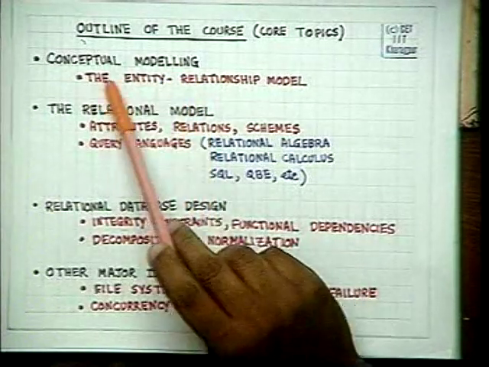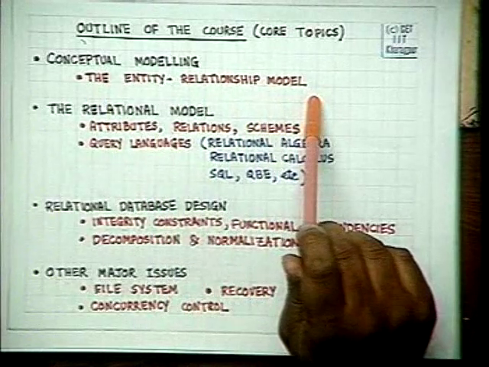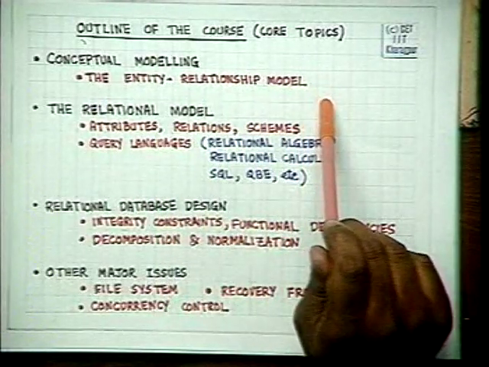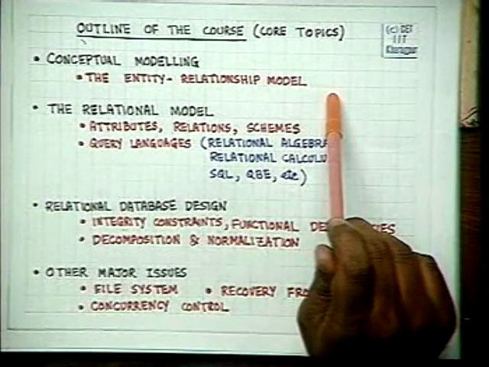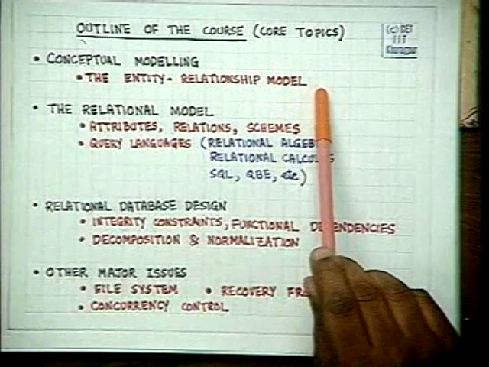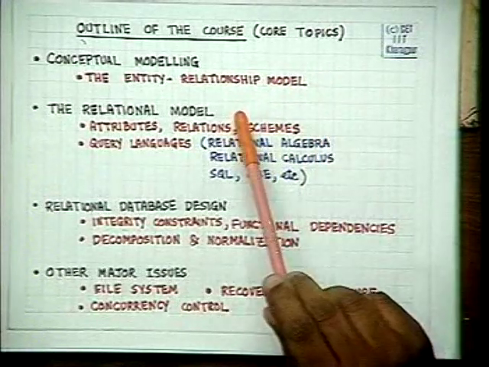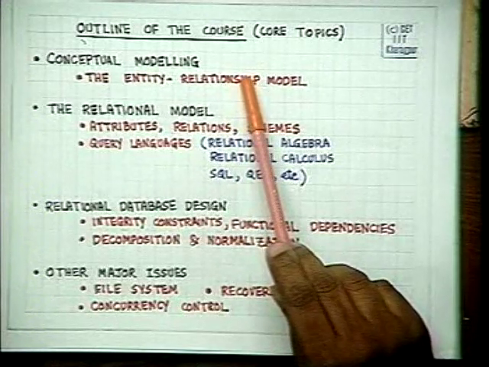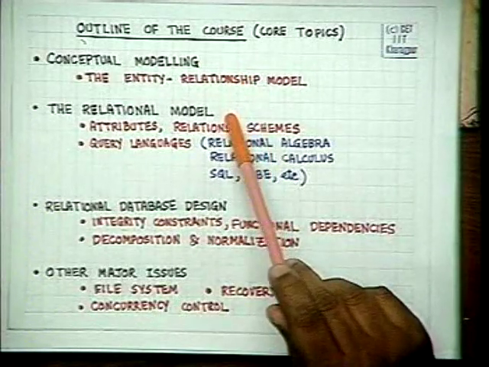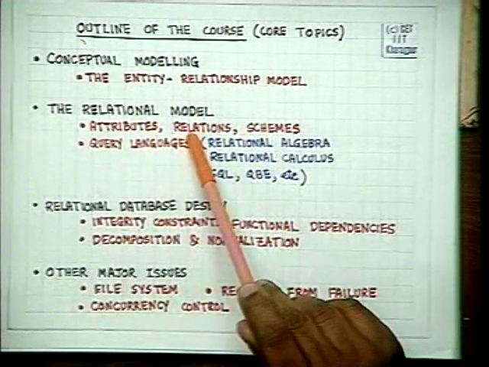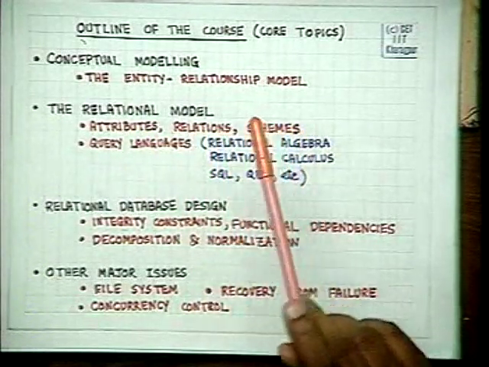We will go deep into the entity relationship model and see how it is defined, and how problems are solved using it. We will also go into the relational model, and we will see how the entity relationship model can be converted into the relational model, where we will see attributes, relations, tables, schemes.